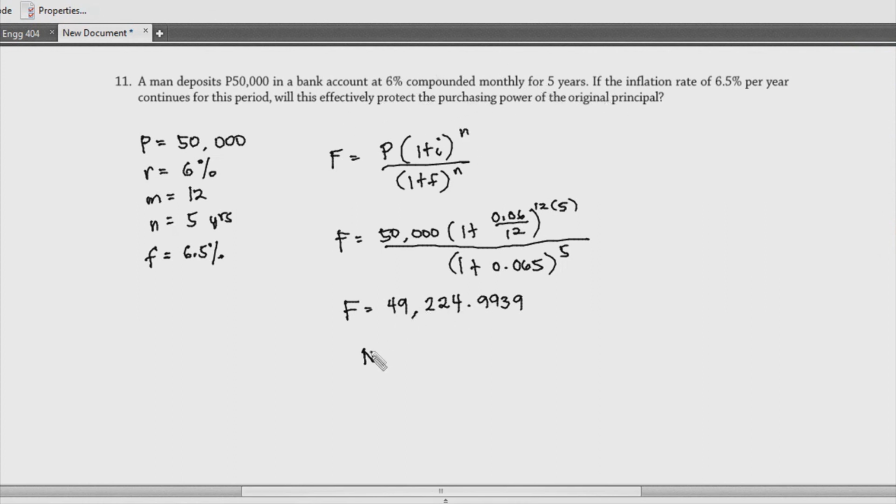So the answer is no. Okay, so yes or no lang naman yung tanong, so no yung sagot natin. Pero syempre kailangan natin improve yung mga ganong tanong, no? Kasi dapat yung F natin is greater than our P. Pero dahil nga meron tayong inflation, we have to expect na mas bababa. Though sometimes meron man tayong inflation rate pero hindi naman siya bumababa talaga.